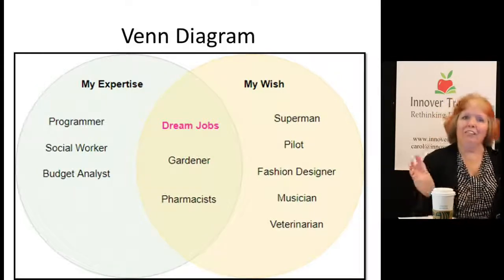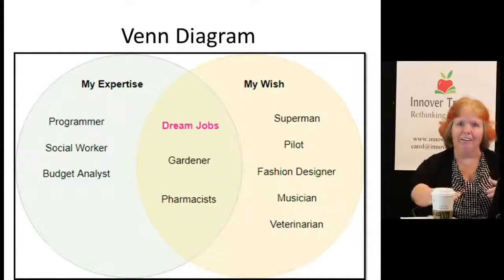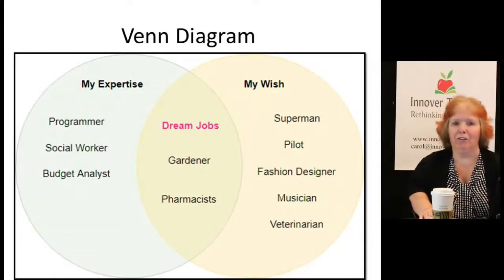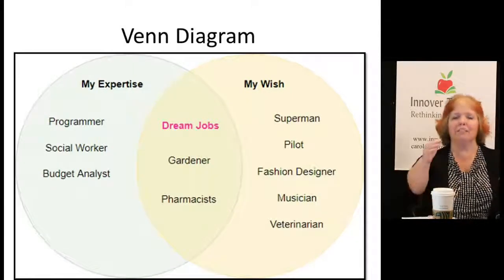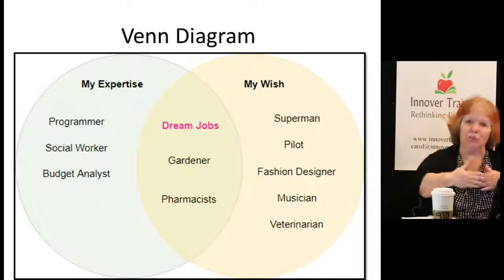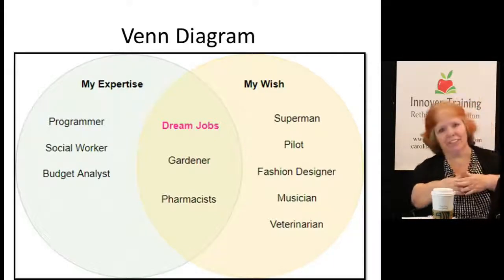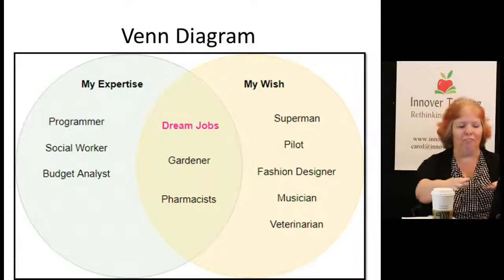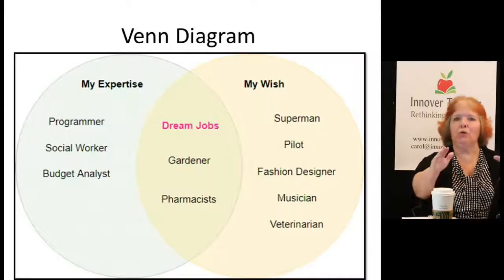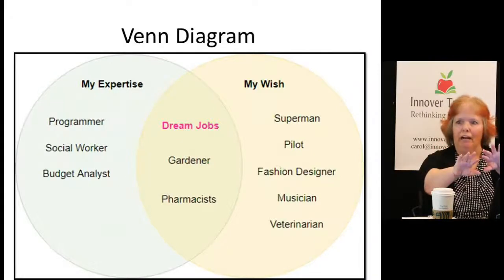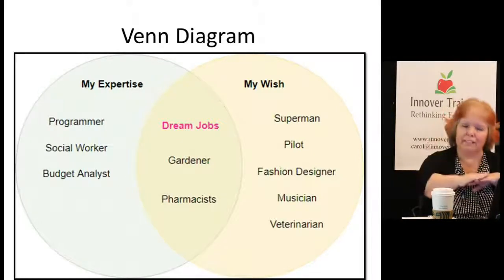But under where they both meet are his dream jobs, the gardener or the pharmacist, because those both are his wishes as well as his skill sets. So they qualify as both. So that's where a Venn diagram shows you what things are, how things are separate and how things relate.